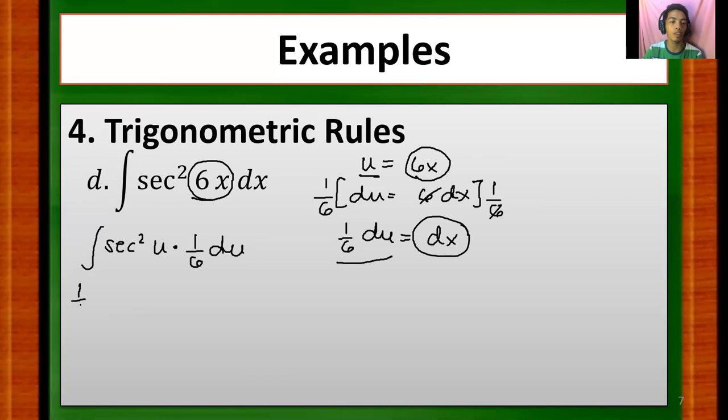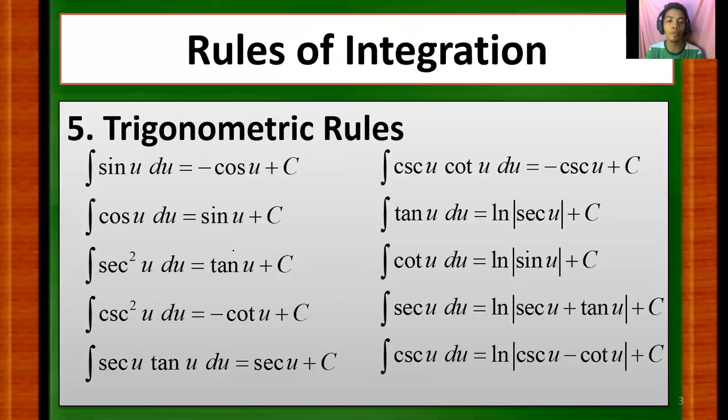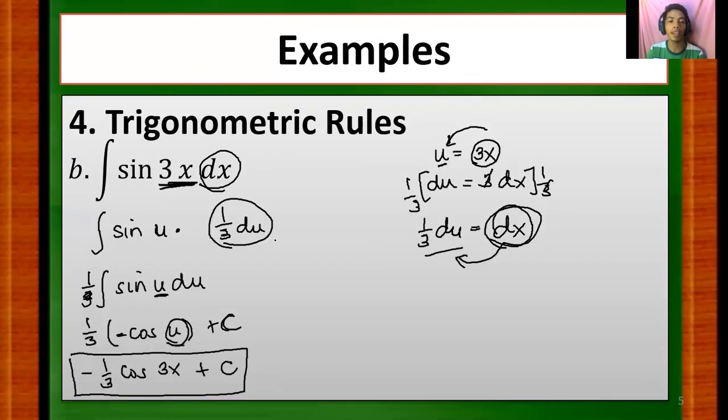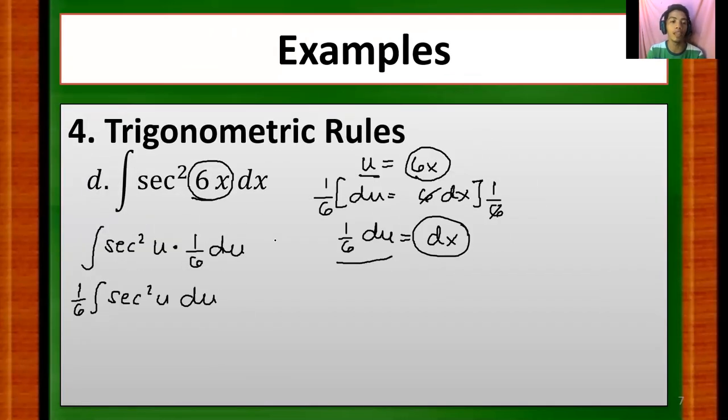So magkakaroon ako ng 1/6 integral of secant square u du. At alam natin, balikan natin ang mga list of formulas natin. Ang secant square u du is equal to tangent u plus c. So papalitan lang natin siya ng tangent u plus c. So magkakaroon ako ng 1/6 multiplied by tangent u plus c.